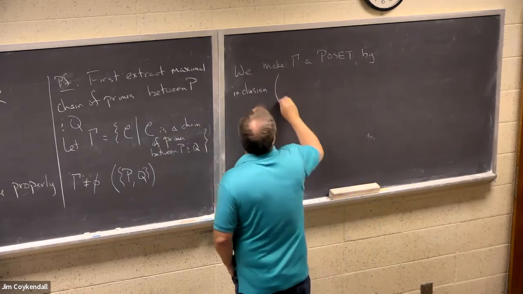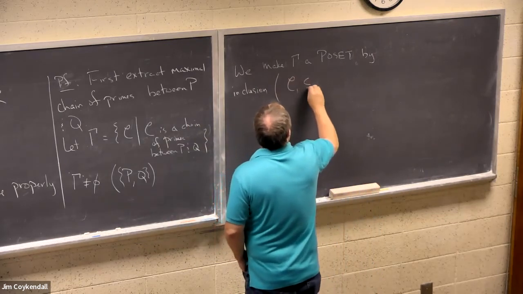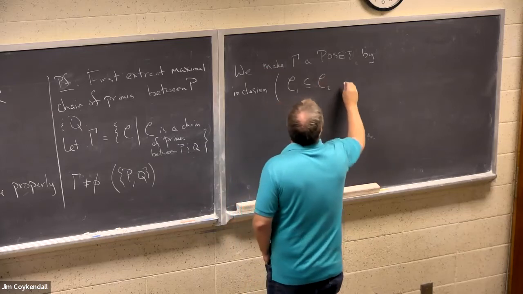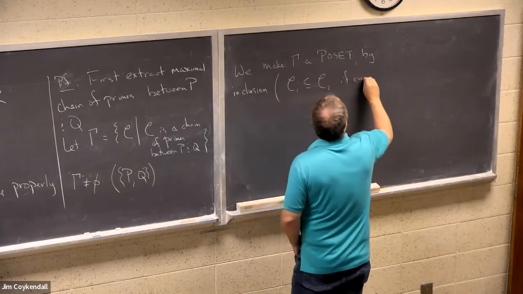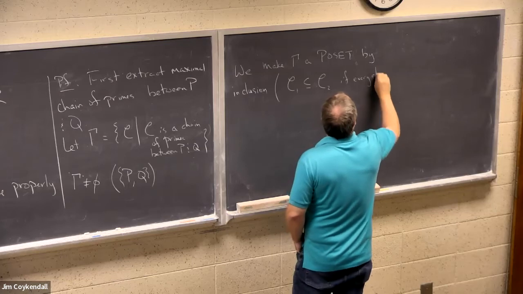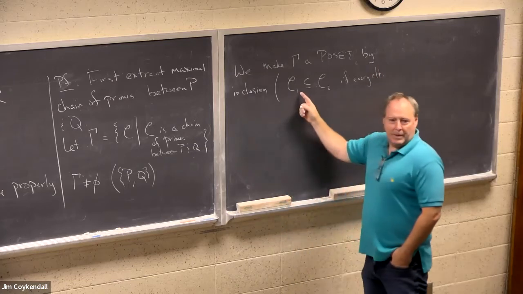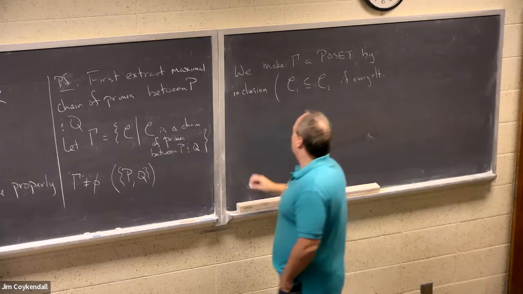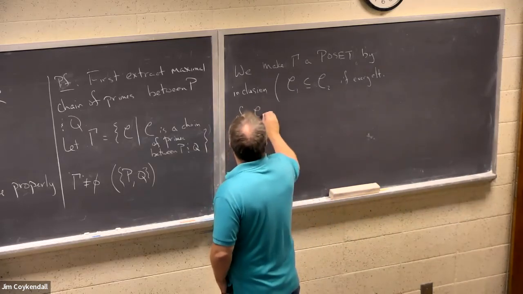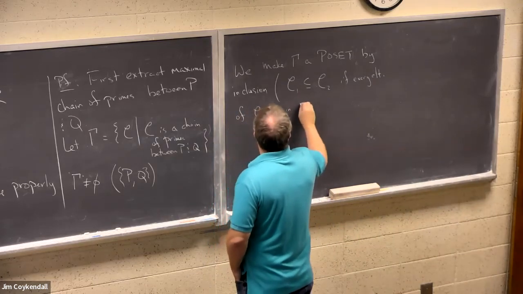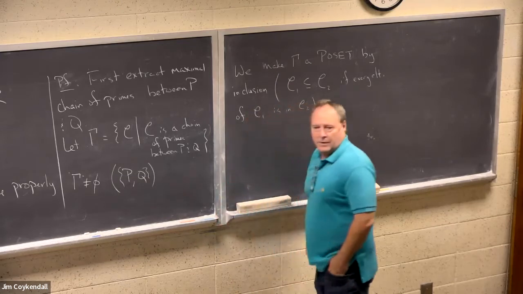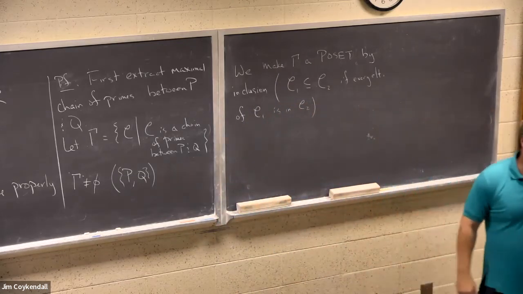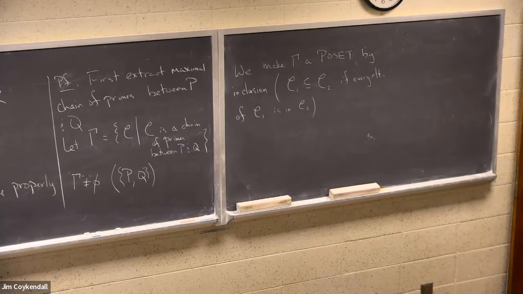We'll say that C1 is contained in C2 if every element, and by element I mean prime ideal, of C1 is in C2. So in other words, C2 is a bigger chain. It contains all the elements of the chain C1. That's the way my partial ordering is going to work.